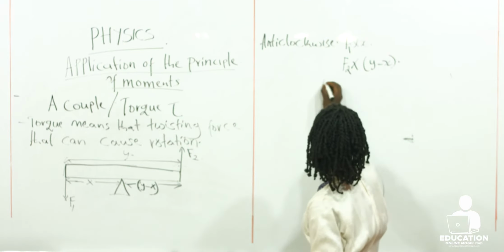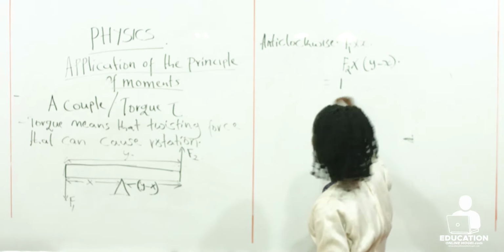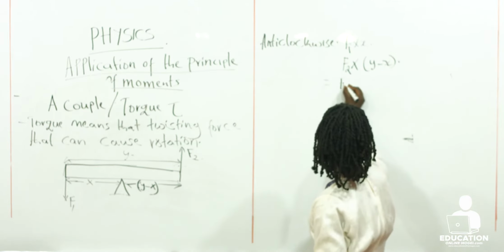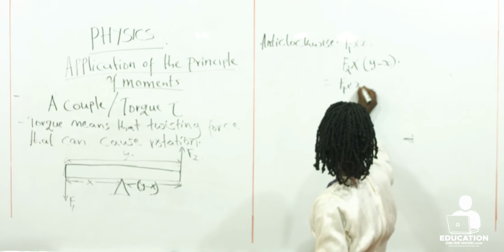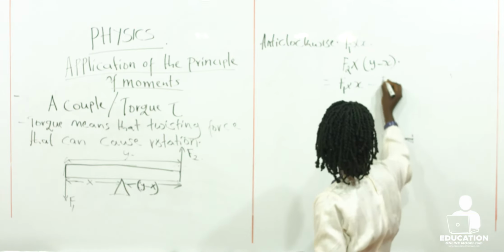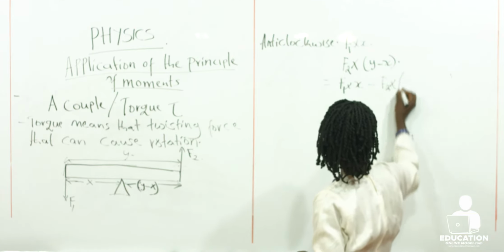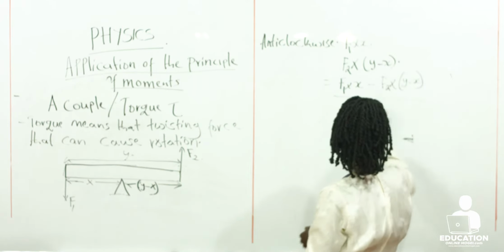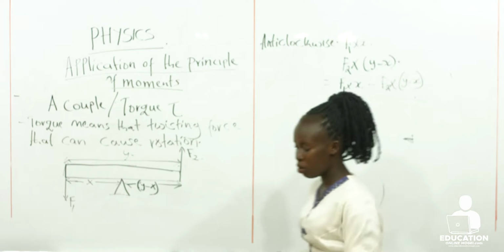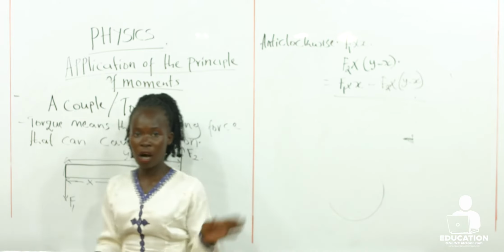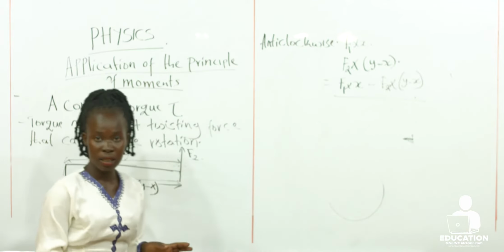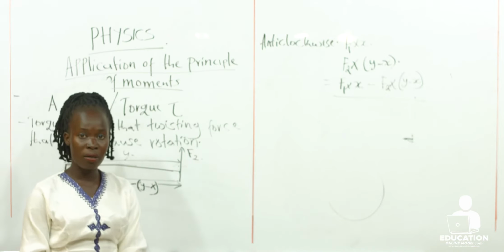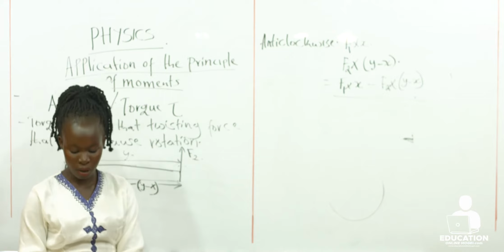So we shall have it as F1 times x minus F2 times (y minus x), because this is the distance. We shall look more into the example to see how we are going to apply that kind of formula when we are trying to calculate something.